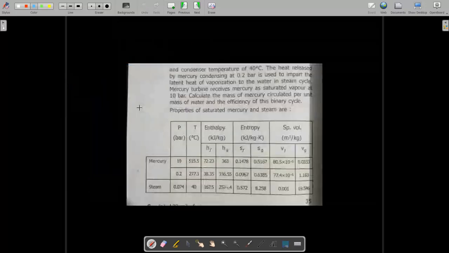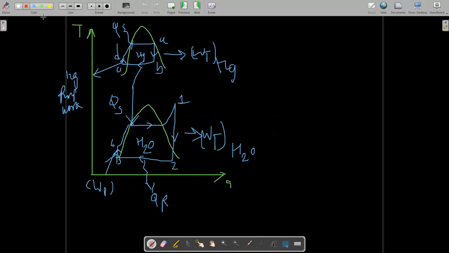Okay, but the question has some twist. The twist is the condenser temperature is 40 degrees Celsius. That means this boiler pressure is 40 bar. This is the temperature coordinate, so I have taken it with another color to indicate pressure, and this is the 40 degrees.